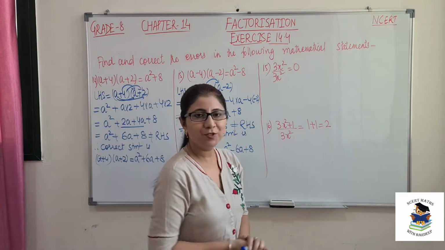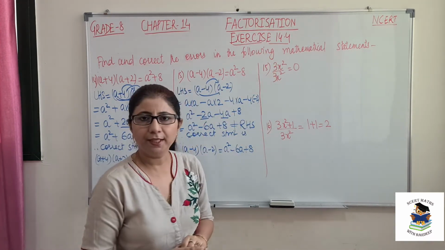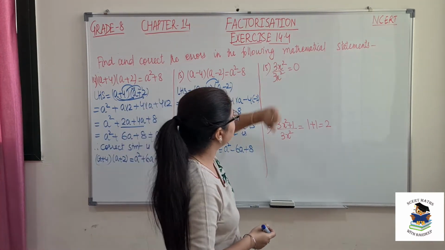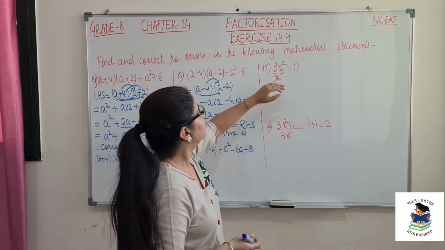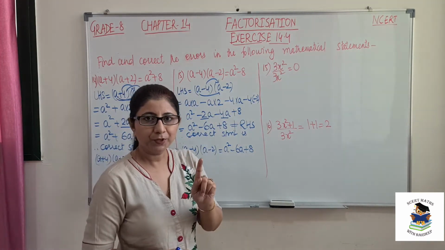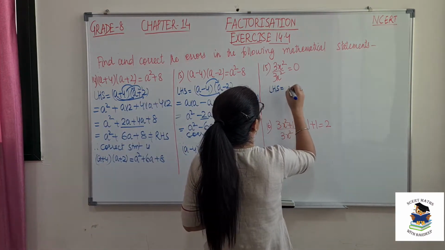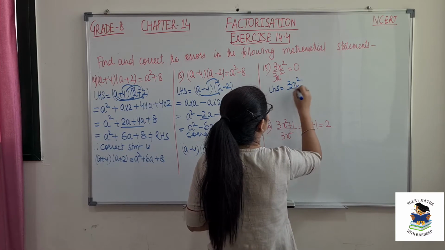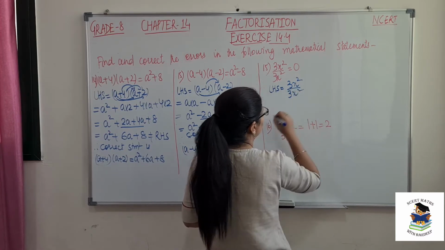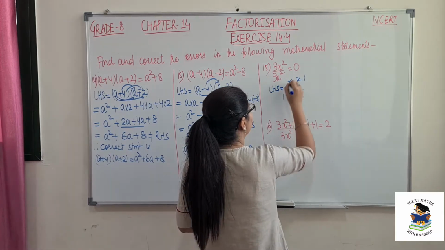So again this is wrong. Why? Because we have common terms in both numerator and denominator. They have cancelled it perfectly fine, but after cancellation, the answer should be 1, not 0. So we will write the left hand side as 3x² over 3x². When you cancel this, this will be 1, and this also has 1.